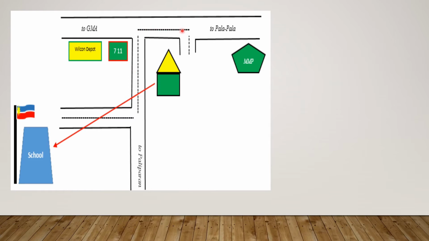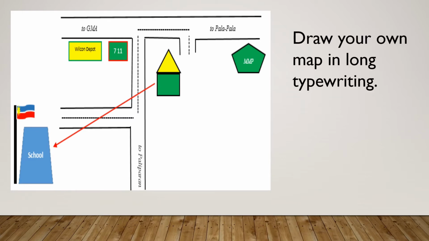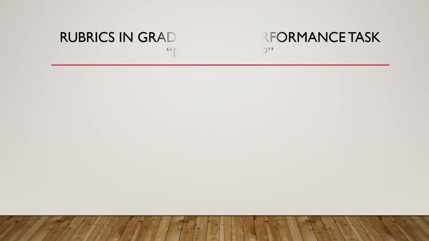They represent the path that was covered and traveled, starting from their home up to your school. This straight line shows the distance traveled from home to your school, not passing through the roads anymore. It goes straight, a shortcut. Okay? So, as I said earlier, you will draw your map on a long typewriting paper.